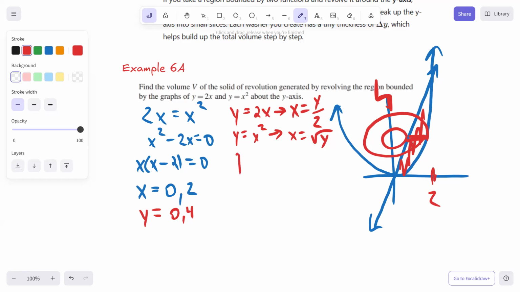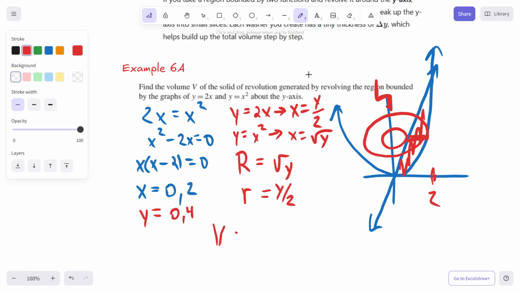So the outer radius is formed by the parabola, which is square root of y, and the inner radius is formed by the line, which is y over 2.